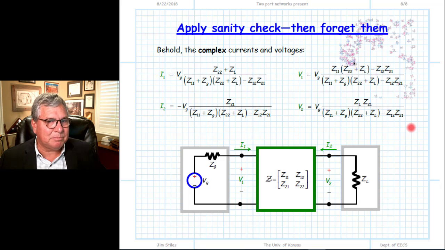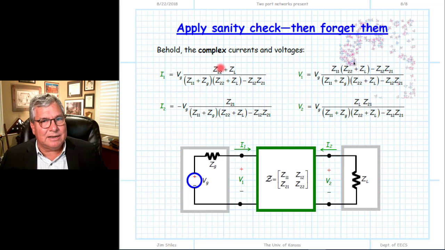It turns out there's a simpler way of determining, for example, the value of I1 and V1, one that's more physical and more intuitive in terms of the result and doesn't require you to tire out your finger pushing buttons on your calculator. So once again, don't ever use these equations for finding an answer. If you're using these equations to determine values of V1 or I2, for example, then you are doing something wrong. Stop and figure out a different way, an easier way to get the answer.